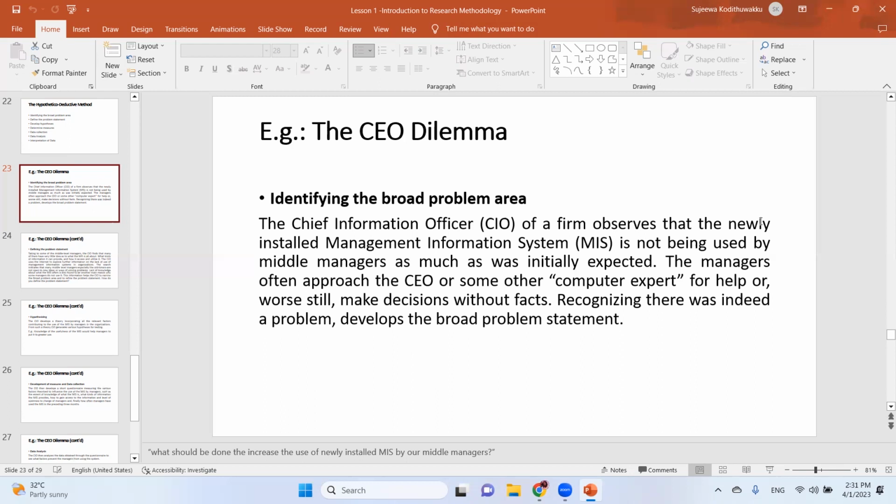Now here in this case study, the Chief Information Officer of the firm observed that the newly installed management information system, it means the company installed the MIS for their organization. But the Chief Information Officer made a complaint that this installed MIS is not used by the middle managers up to the expected level.